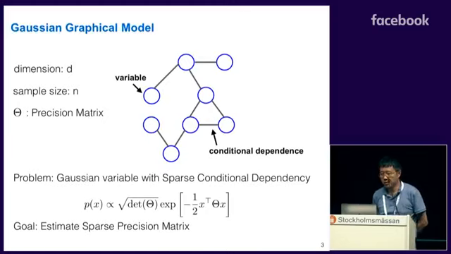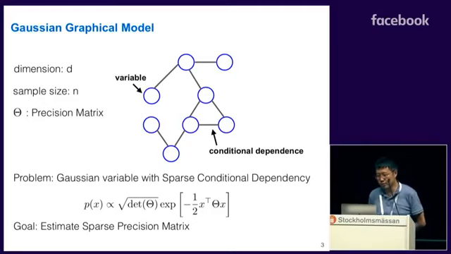So this is a graphical model. The graphical model has variables. So we have d variables, and it has edges. Edges represent conditional dependency among the variables. Then the problem of Gaussian graphical model estimation is: it's a joint Gaussian variable, with a sparse conditional dependency.